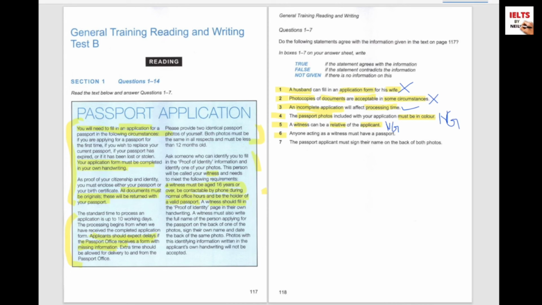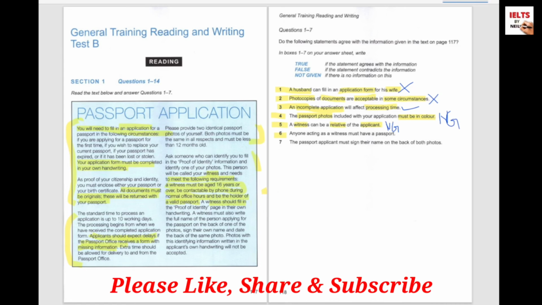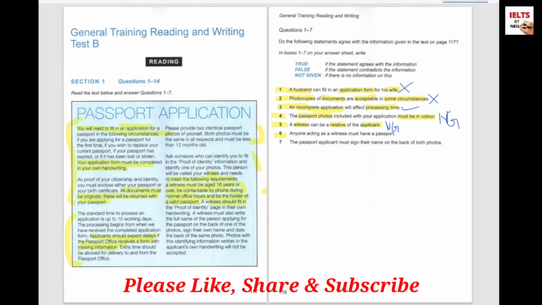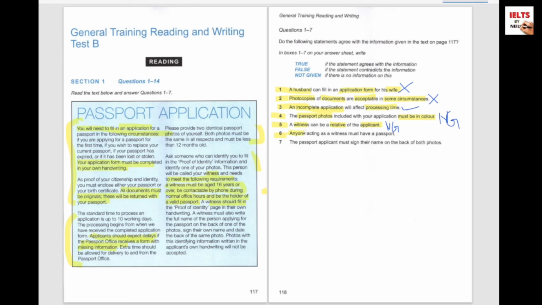Meet the requirements: a witness must be 16 years or above, be contactable by phone during normal office hours, and be the holder of a valid passport. Means witness has to hold a valid passport. So this information given here is true for this question number 6. So that'll be a true.